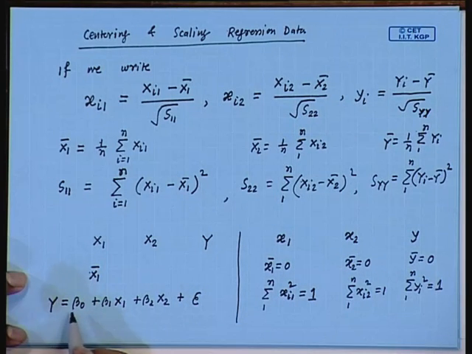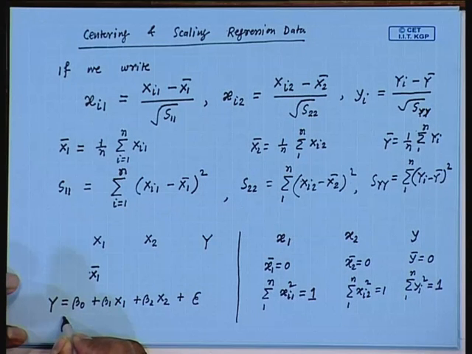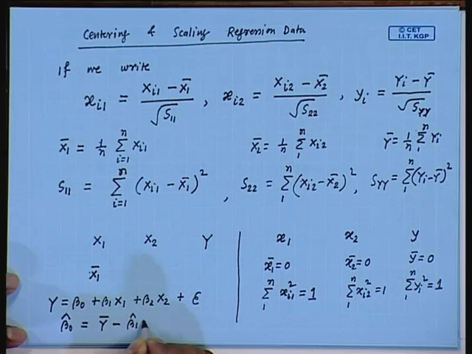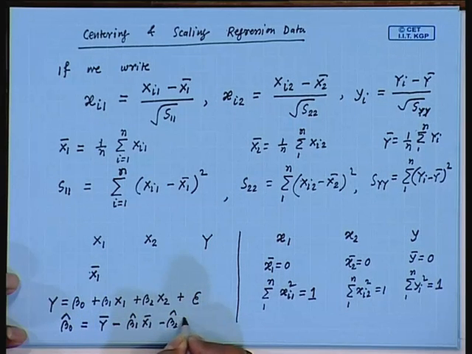And here for this model we know that the least square estimates give beta naught hat is equal to y bar minus beta 1 hat x1 bar minus beta 2 hat x2 bar, right.